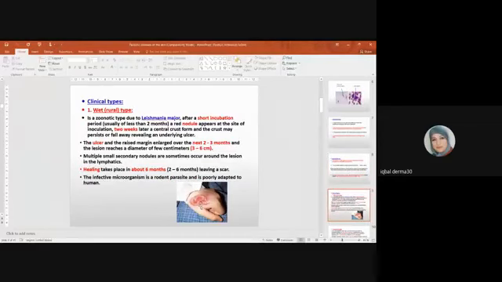Starting with the wet rural type, wet type cutaneous leishmaniasis. Before we discuss it, you have to note a few points. Concentrate on the incubation period, on the duration of progression of the disease, and the time required for healing. In the wet rural type, the incubation period is usually less than 2 months.